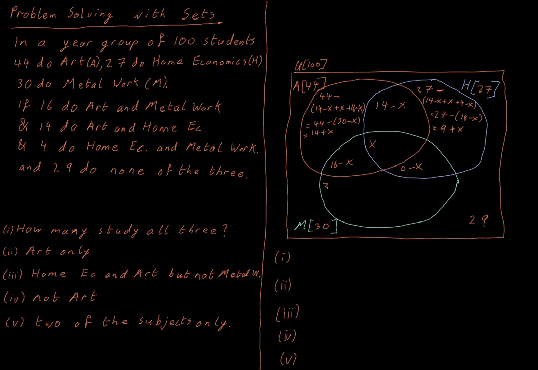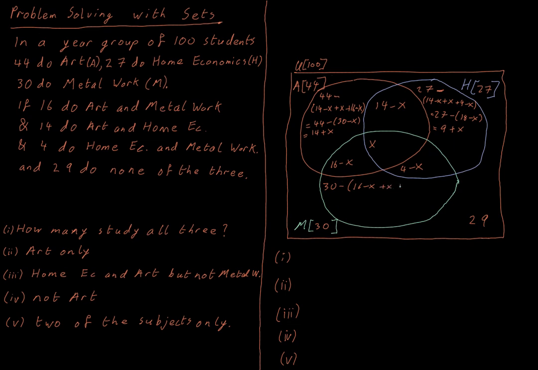And then here we have 30 people in total who study metalwork, and we're subtracting each one of these to find out what's left in this bit. That's going to be 30 minus all of this stuff. So there's 30 in total in the green circle. So in this bit of the green circle, there would be 30 minus the bits that are in the other parts of the circle.